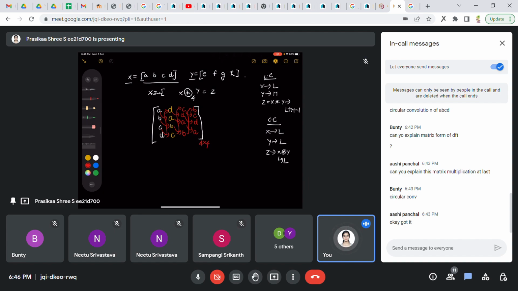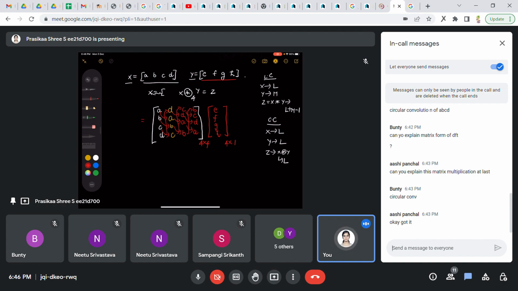So whenever you have a vector of length n, it should form a matrix of n cross n. And you need to multiply it with the next vector E, F, G, H. If this is 4 cross 4, the vector should be 4 cross 1, so you stack the row vector in column vector form.